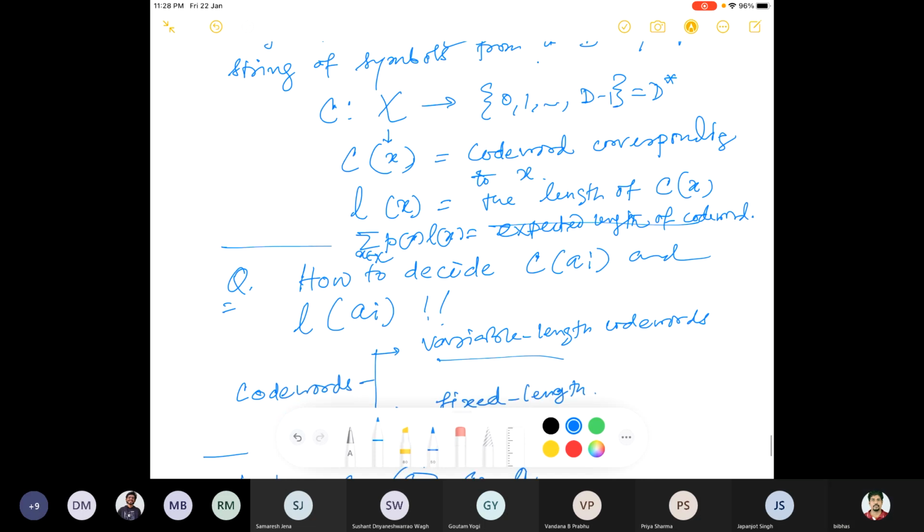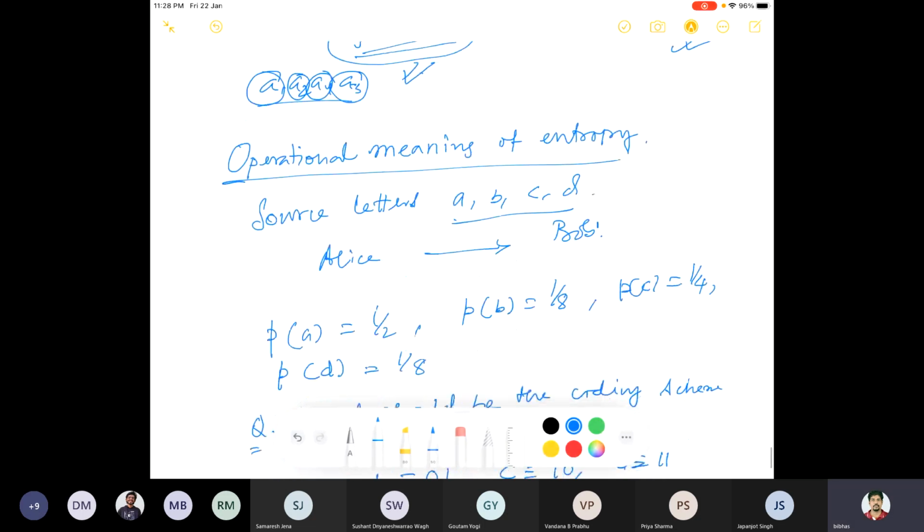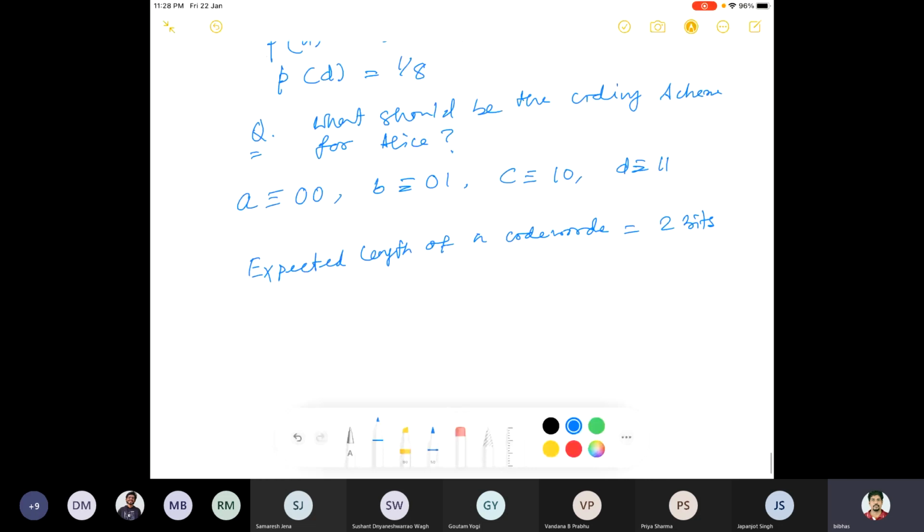So that means the expected length of the code word is 2 bits, I need to send 2 bits of information per unit time to send a letter.